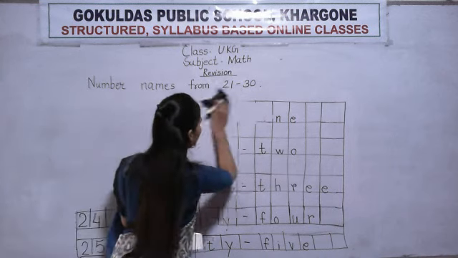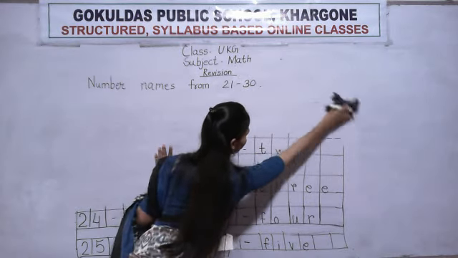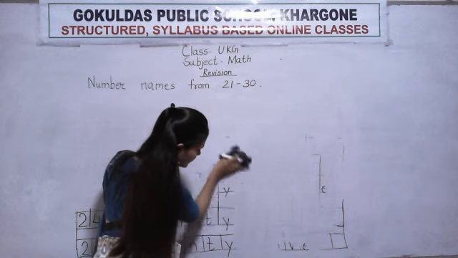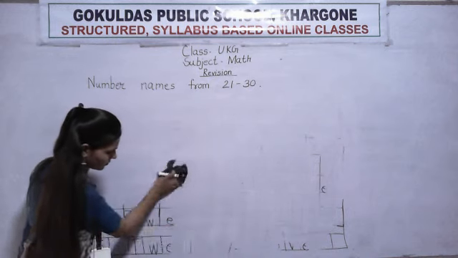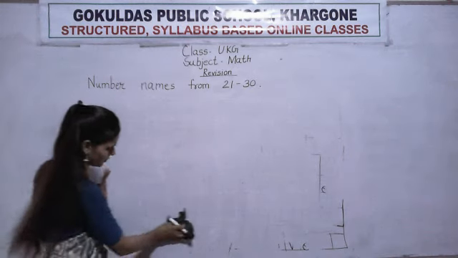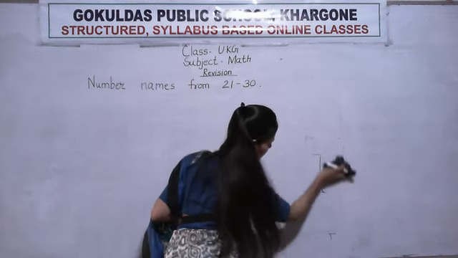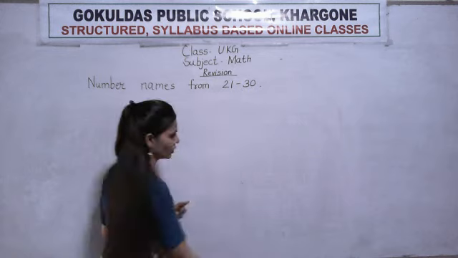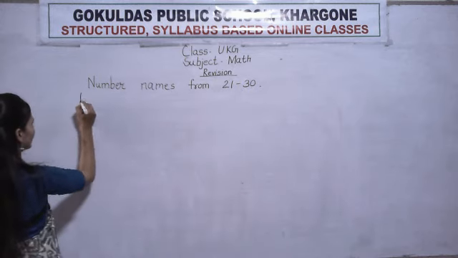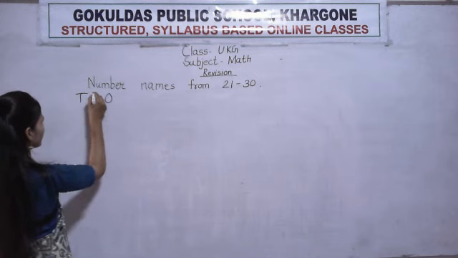So now write here 2, 6, 26. Okay, 25 spelling done. Now here we write again tens and ones.